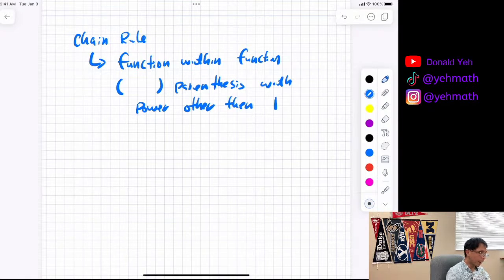If it's 1, just use power rule. So that's probably the time that I will use chain rule, which is pretty often.